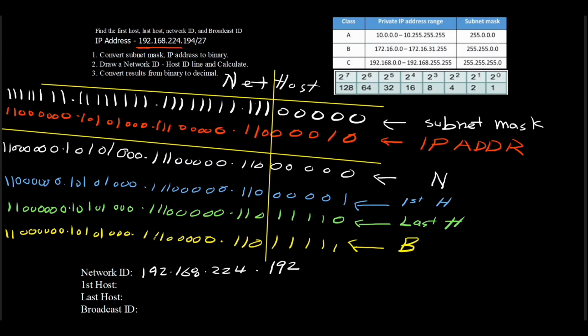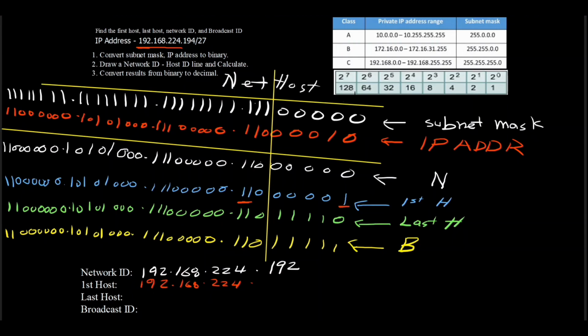Next, I need to look for the first host. For this host, as we said, it's 1 1 from the left side, and from the left side it's going to be all the same. So here is 192.168.224, and in the 4th octet we do have 192 plus 1.